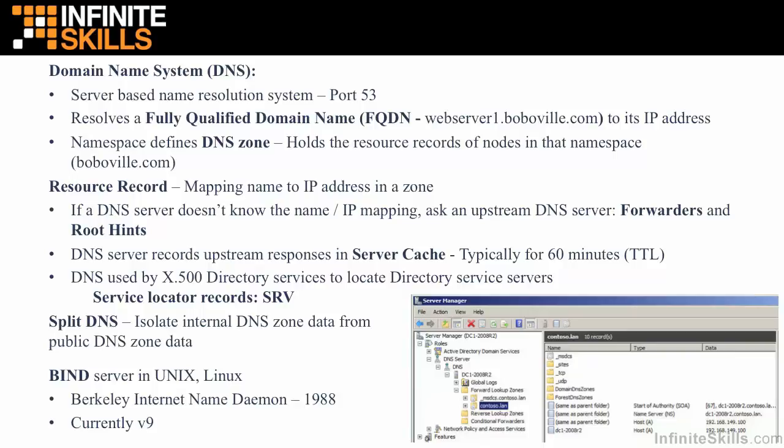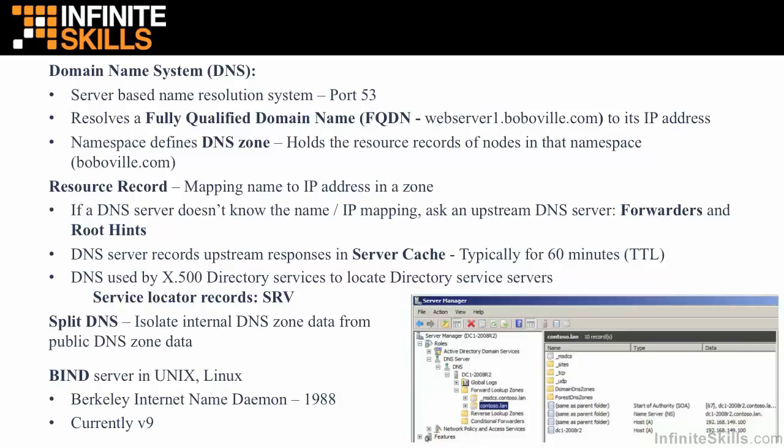Now, the root hints are typically what's used when we get into the public namespace, out on the public internet. So internally, you'll very often use forwarders within your directory services environment because DNS is used for directory service support. And typically, you'll use forwarders internally and eventually forward out to a DNS server that has access to the root hints to support your client computers that are trying to browse the internet. And that's where we get our public namespaces that we would find out on the internet.